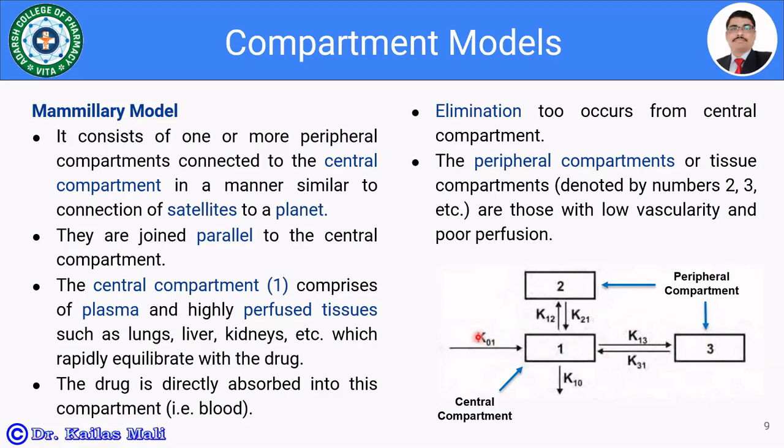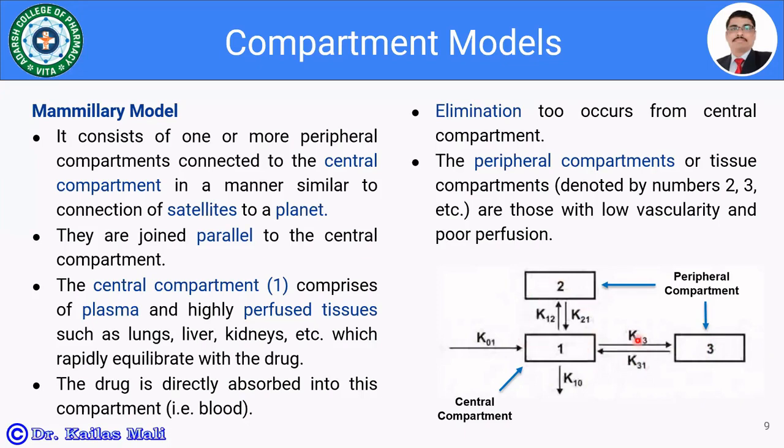So here K0 to 1 is for entry, then K1 to 0 for exit, then K1 to 3 is entry of drug into the third compartment, then K3 to 1, that is again a back diffusion of drug into the central compartment, and likewise.